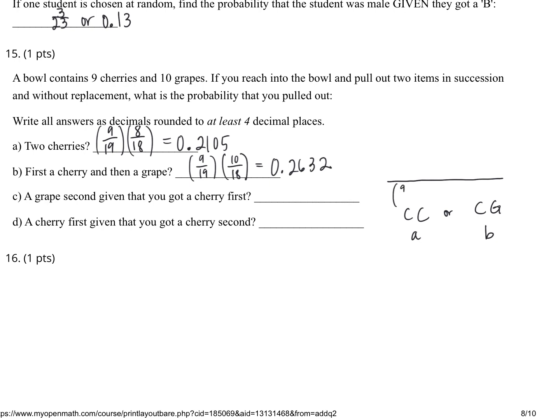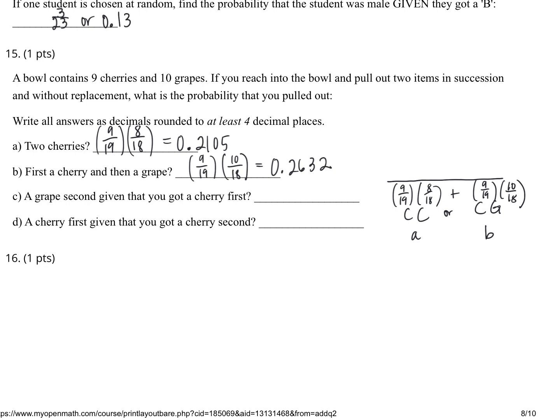So this would be 9 out of 19 times 8 out of 18, and then we're adding that to the cherry-grape. So that'd be 9 out of 19 times, oh, I'm sorry, 10 out of 18. Okay, so that's the possible ways you could pick a cherry first.